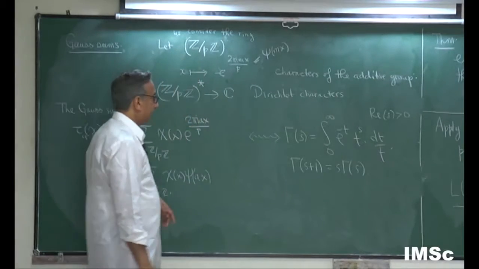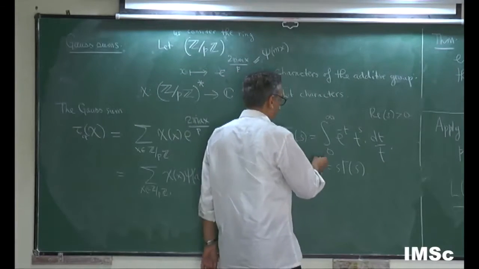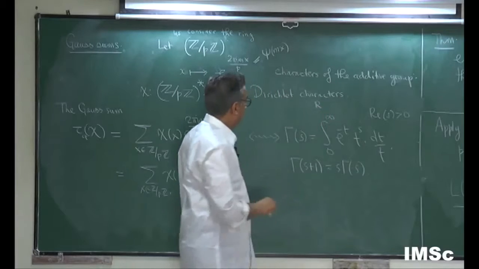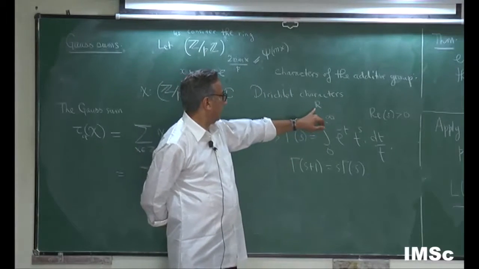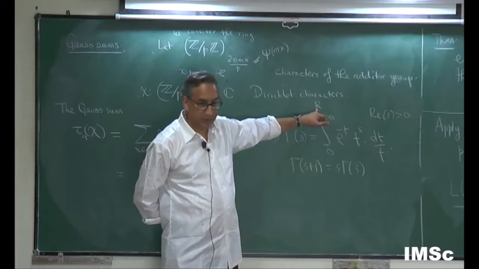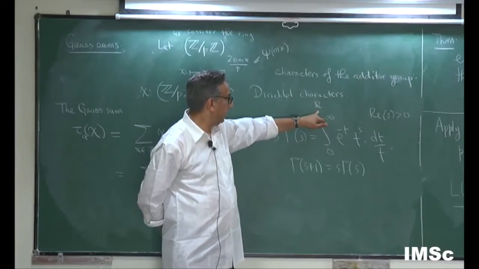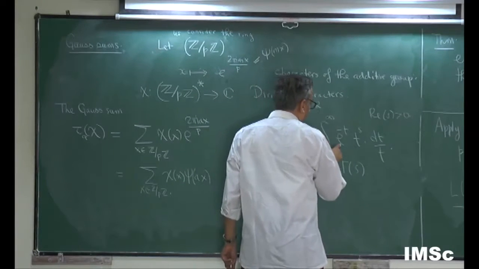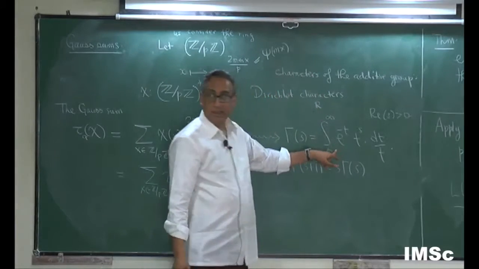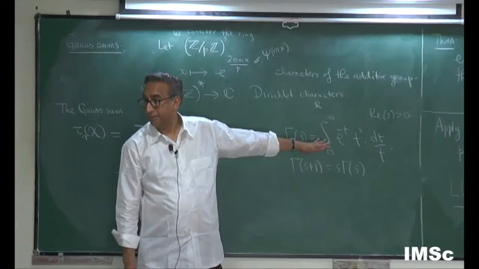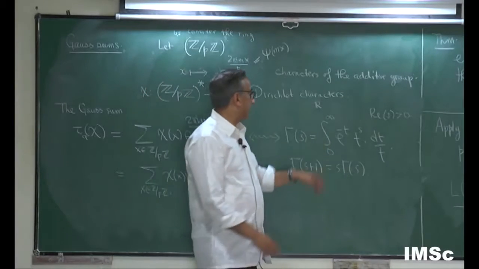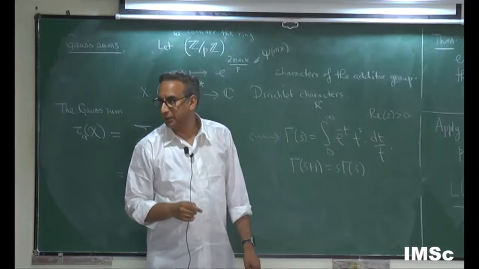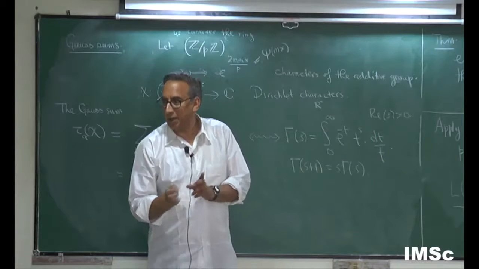So what's going on here is, in some sense, you're looking at the ring R. Well, it's a field, but I'd like to call it a ring for a moment. You're looking at the ring or the additive group, and characters of the additive group are given by t goes to e to the it. Those are your characters. The multiplicative group, which is the non-zero elements, breaks up into two connected components, the positive and the negative.